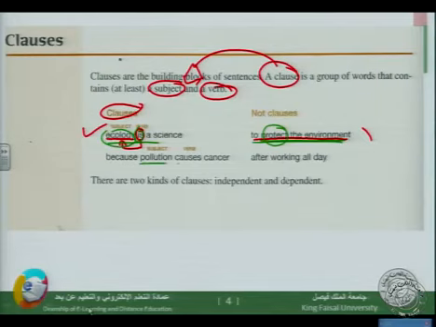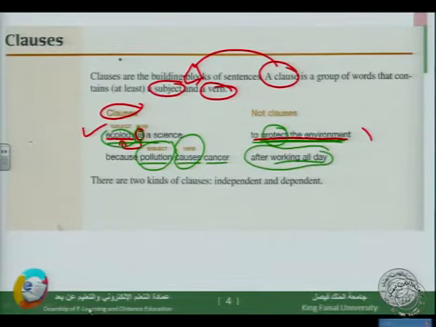لاحظوا, because pollution causes cancer. Do we have a verb? Yes, causes, يسبب. The subject is pollution. فهذا بنسميه clause. بينما after working all day ما في لا فاعل ولا فعل.